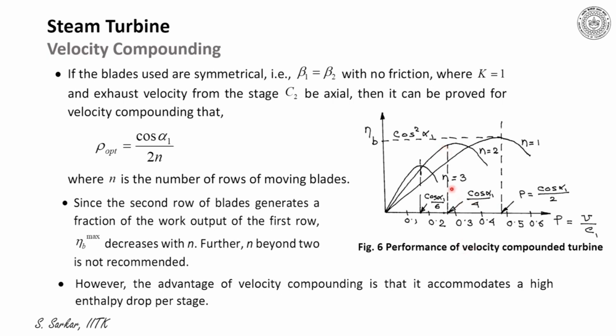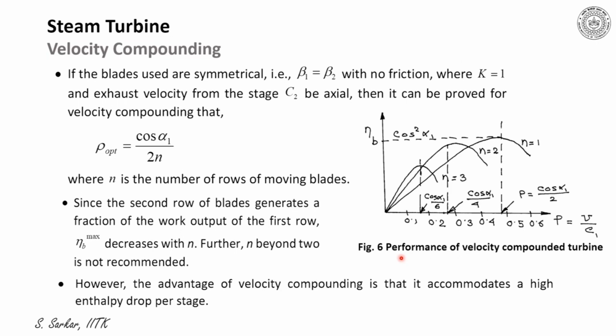For n equal to 3, the optimum blade speed ratio is cos alpha 1 by 6, and efficiency is further decreased. So this is the performance of a velocity compounded turbine.